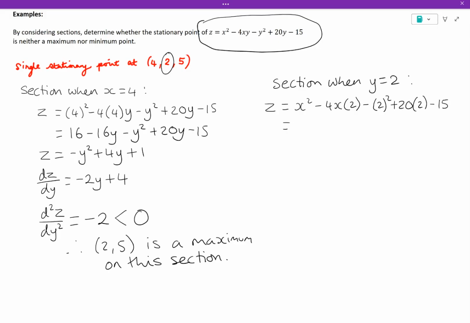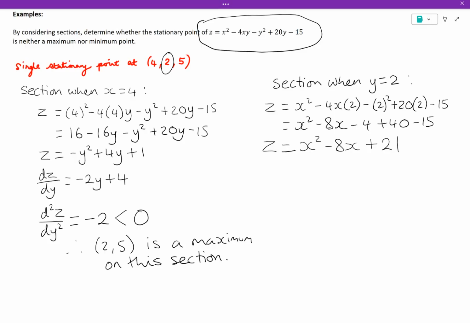And then we're going to simplify it. So I get x squared, take 8x, take 4, plus 40, subtract 15. And then collecting our like terms, we would get x squared, take 8x, and then positive 21. So this is the equation of my section.